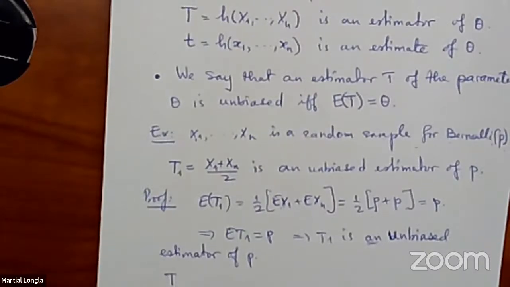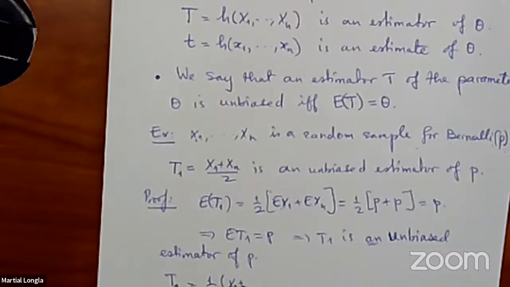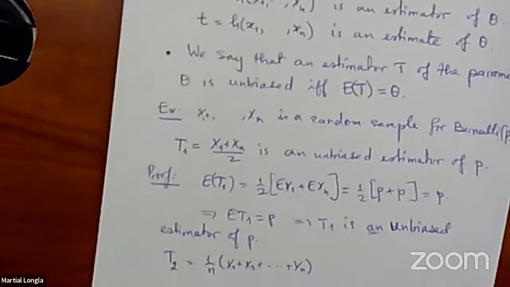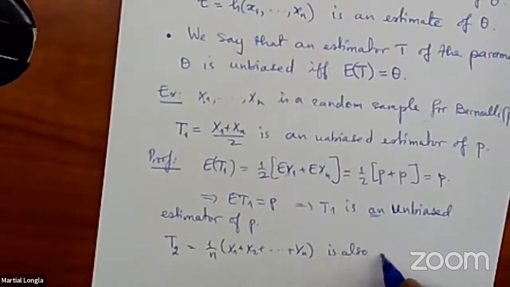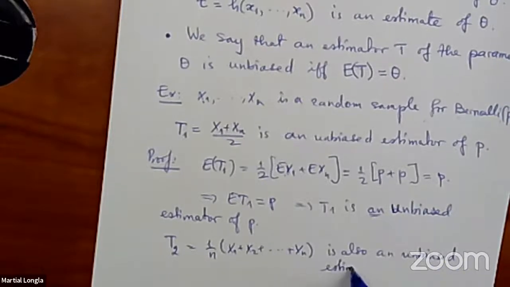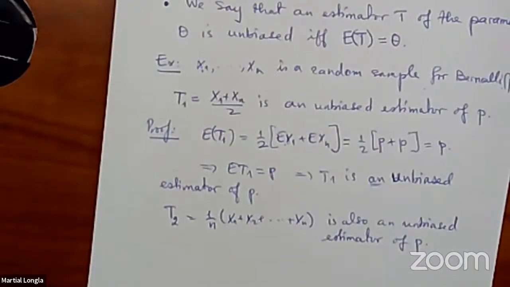If I add all of them and divide by n, x1 plus x2 and so on, that is also an unbiased estimator. You prove it the same way. Each of them has expected value P. You add them, divide by n, you get P.